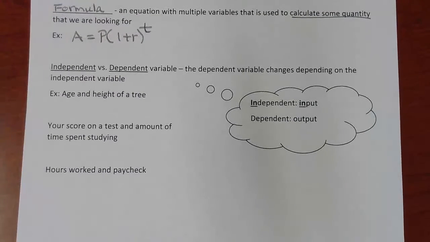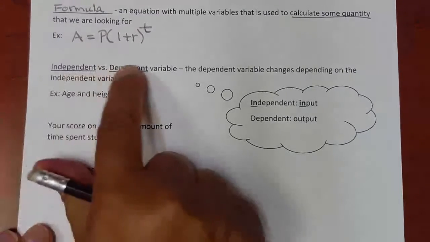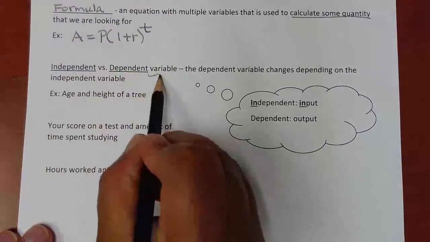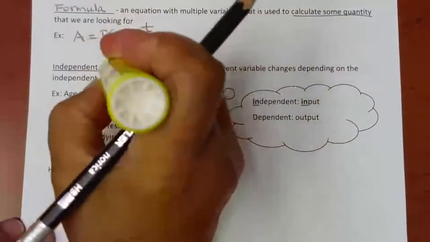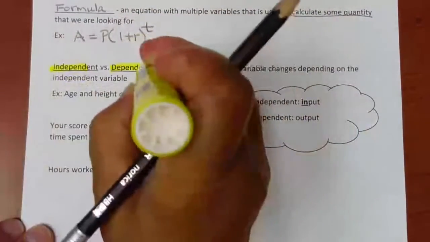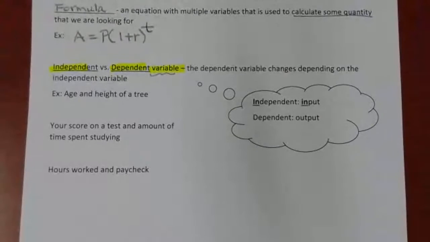Typically, when you're in an algebra class, they will ask you whether or not you understand the difference between independent and dependent variables. So whenever you use this word or this word, you're talking about the variables that are in the expression or in the equation.